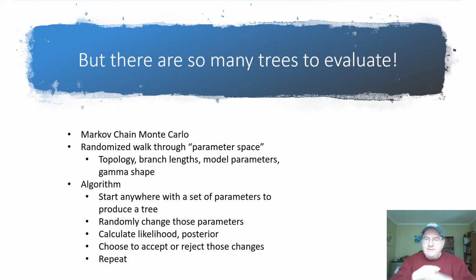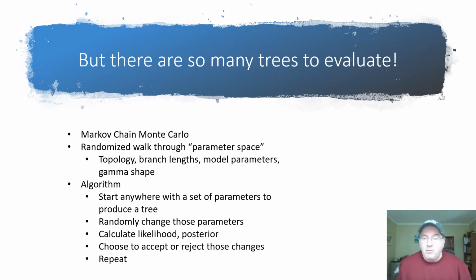So we have trees all over this landscape with different parameters, and each of these trees has a particular likelihood. If it has a high likelihood, it's going to be a little hill in this parameter space. If it's a low probability, it's going to be flat or maybe just a low hill. We're looking to find the mountains and climb up the mountains.